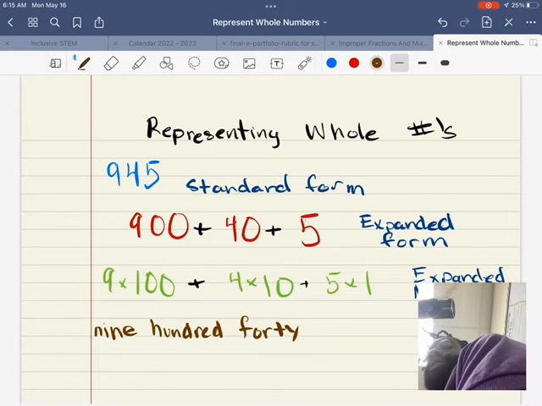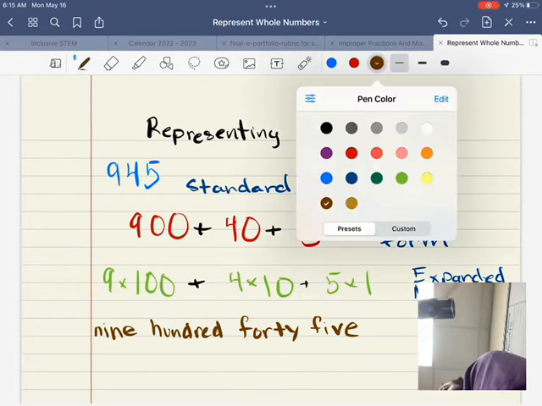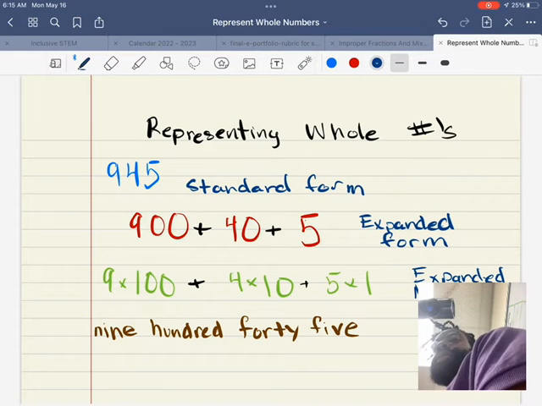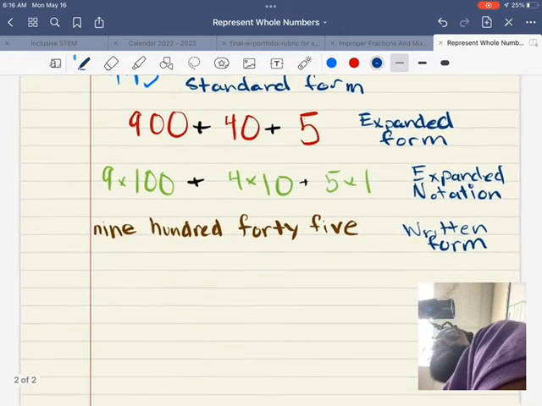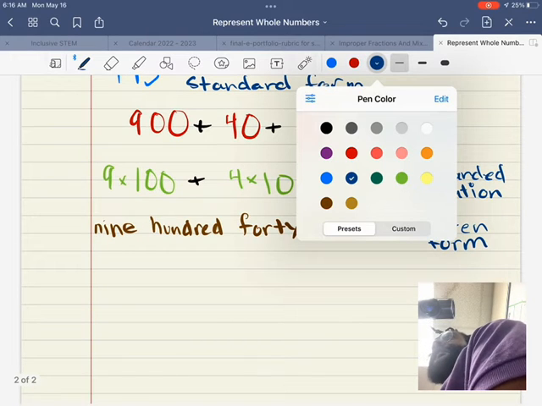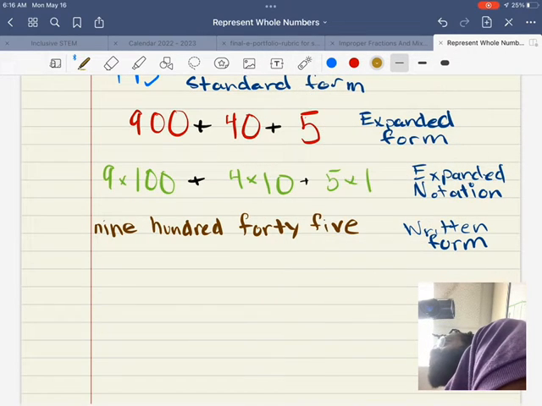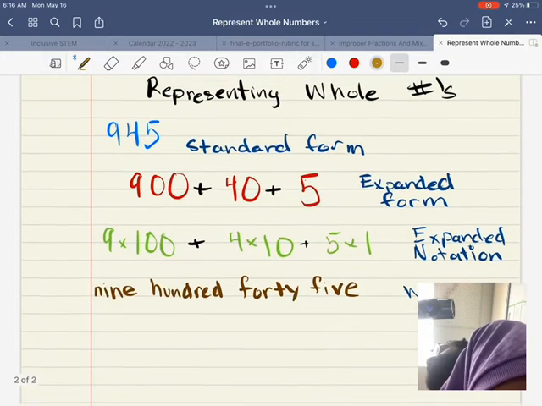So you write nine hundred forty-five. If you learn how to spell some of these base words like hundred, thousands, millions, it'll help you out. And then the 1, 2, 3, 4, 5, 6, 7, 8, 9. A lot of numbers stem from that. Even 9, you can write 19, you can write 29, all that different stuff.